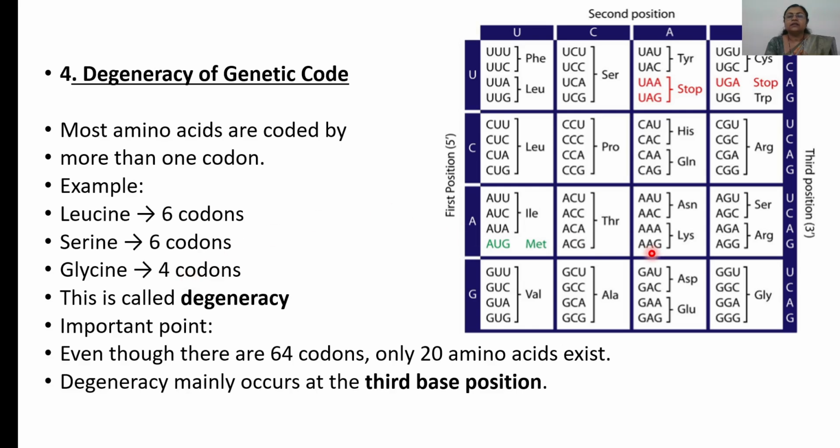See here, these 4 codons are there. So this is known as degeneracy. Many of the amino acids are coded by more than one codon, this property is known as degeneracy. The important note is that even though there are 64 codons, only 20 amino acids exist. So degeneracy mainly occurs at the third base position, as we studied in the wobble hypothesis.